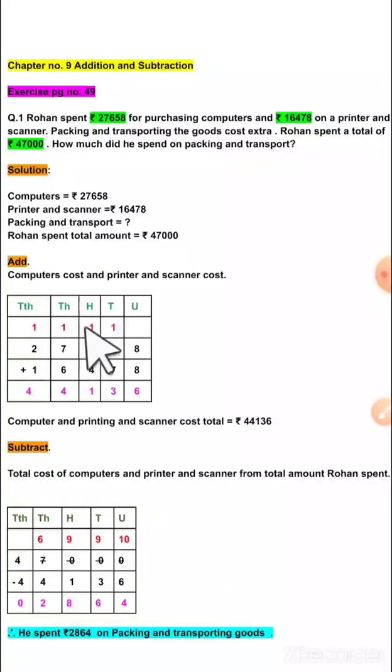Draw this box, write unit, tens, 100, 1000, 10,000. Write the cost of computers, write the cost of printer and scanner. Add both the numbers.